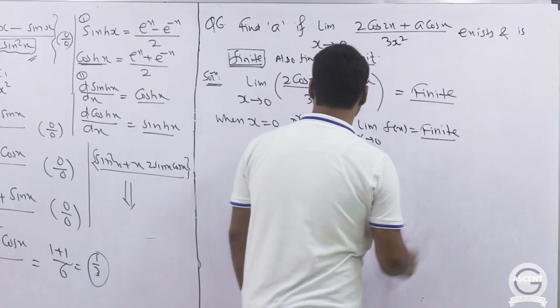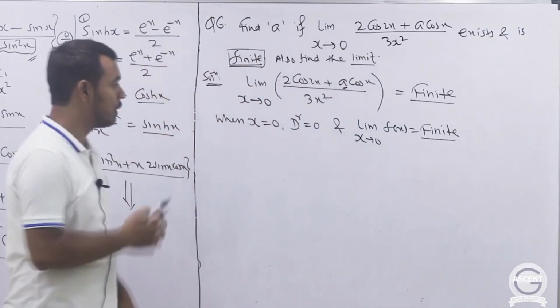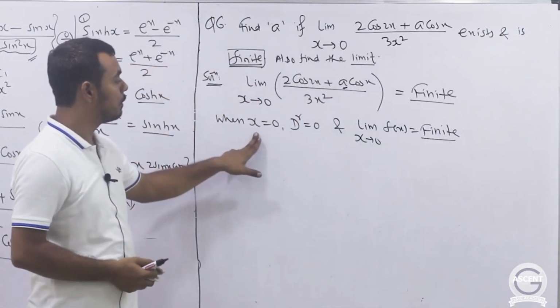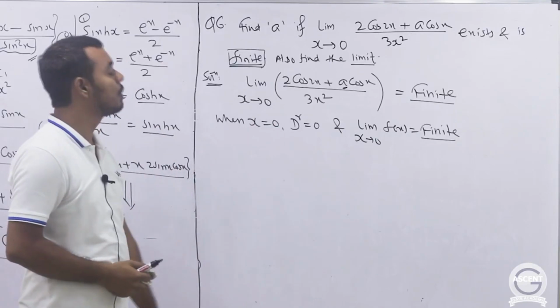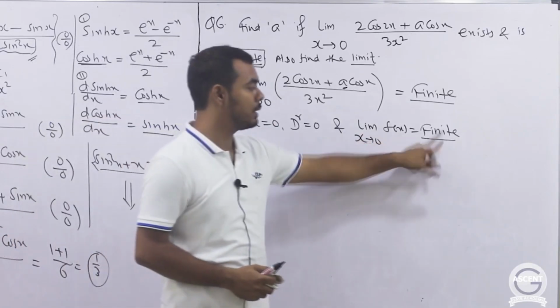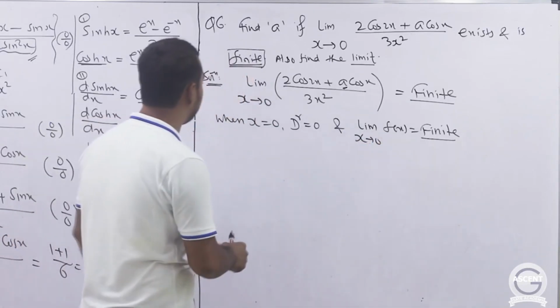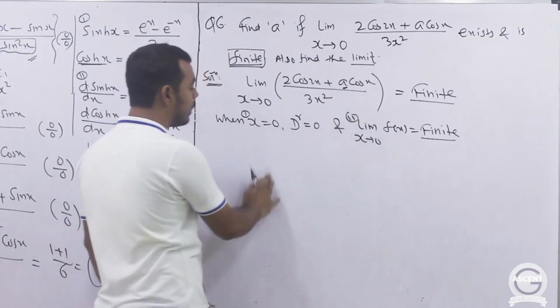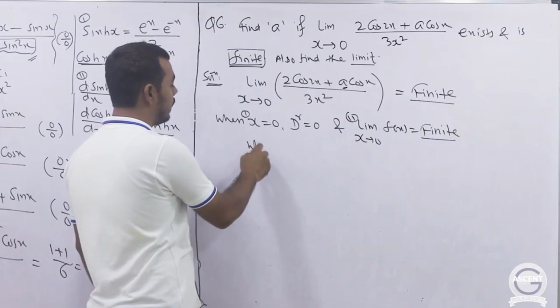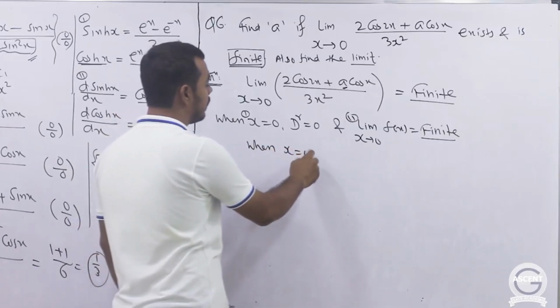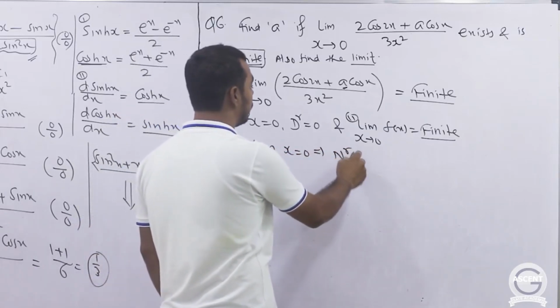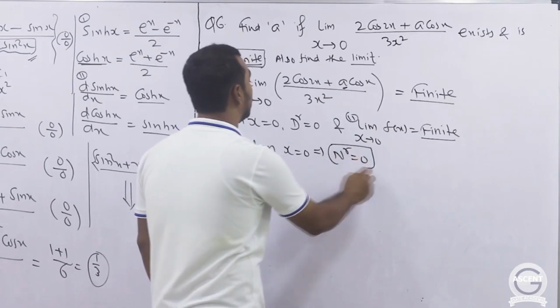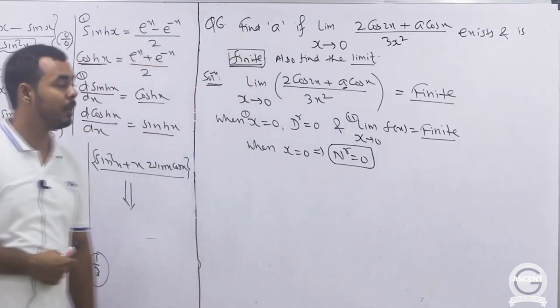Now from these two observations, first, when x is 0 the denominator is 0, and second, the value of this limit is finite, you can make a very important conclusion that when x is 0, the numerator has to be 0. Only then will this limit be finite.